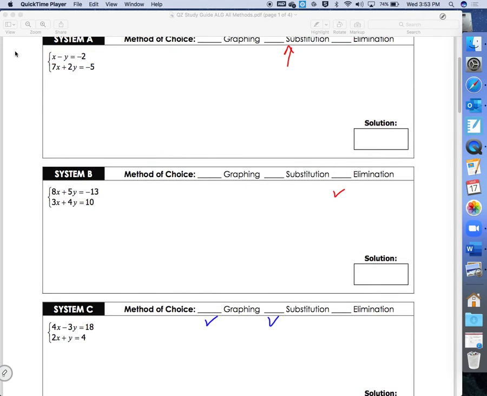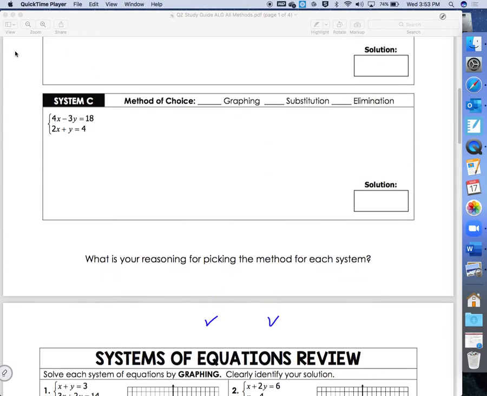And then let's look at system C, the last system here.